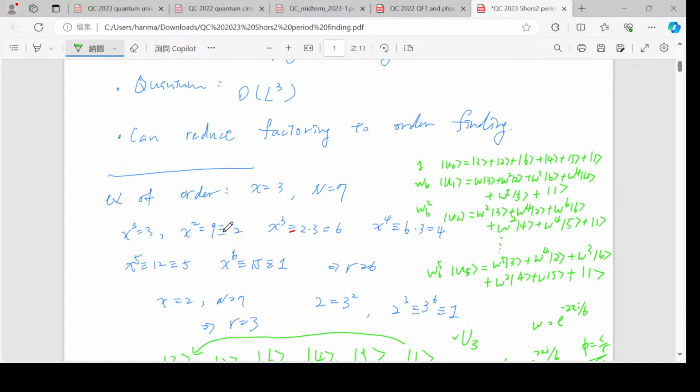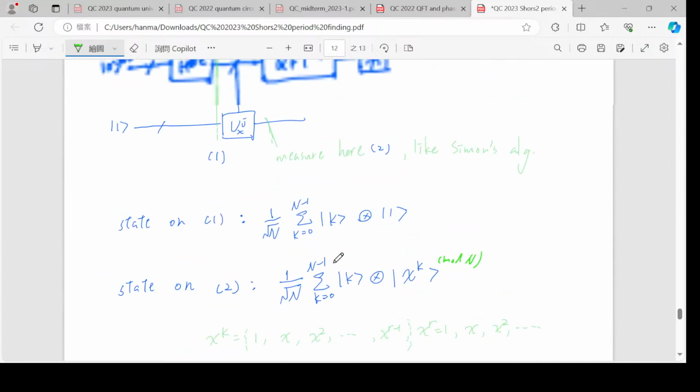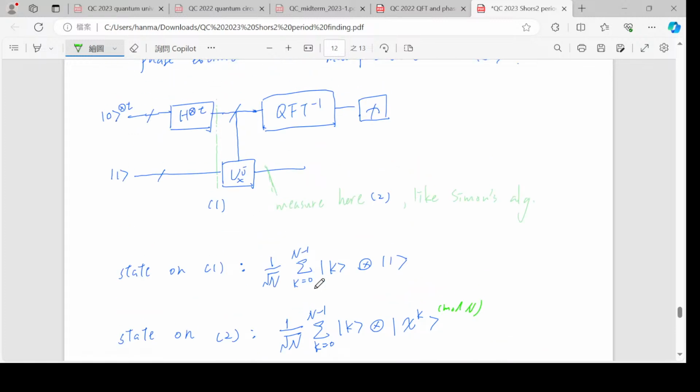So k equals 1, 2, 3, 4, 5, 6, and 7, 8, 9, 10, 11, 12, etc. The second register will be those different numbers cycling one by one, depending on k. But we usually count k from 0, so k from 0 to bigger than N minus 1.